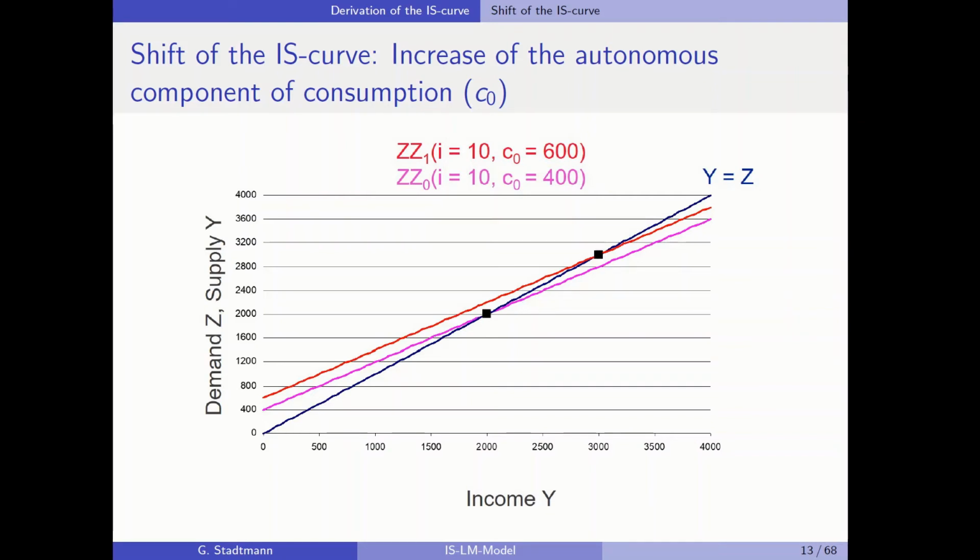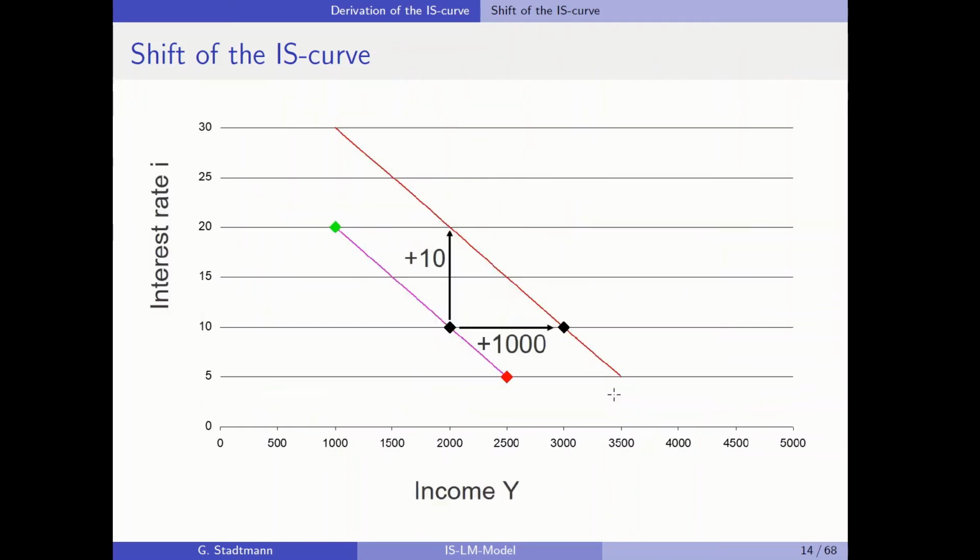Initially, the pink ZZ curve is valid, and when the autonomous component of consumption increases, the ZZ curve shifts upwards, and we get a new equilibrium level with respect to GDP. The new equilibrium level is at the level of 3000. Therefore, we can conclude that the black dot here will shift 1000 units to the right, from the level 2000 to the level 3000.